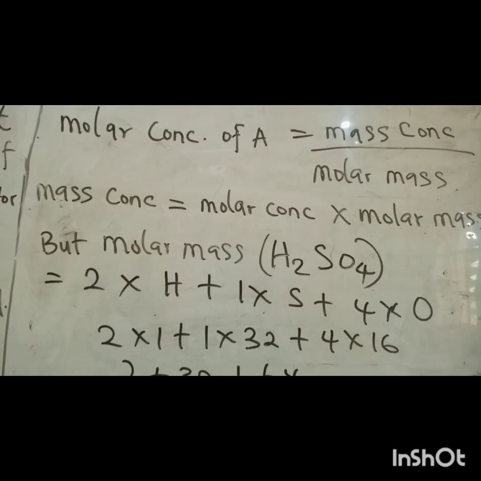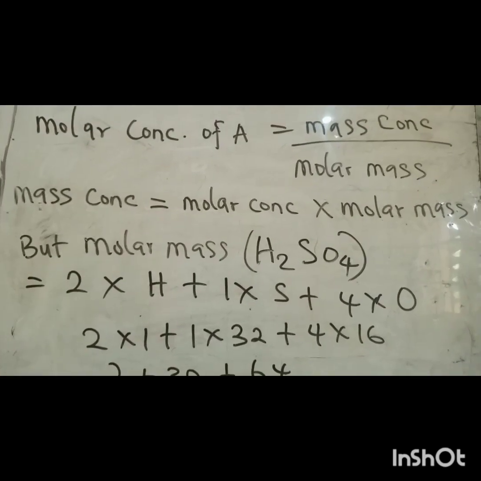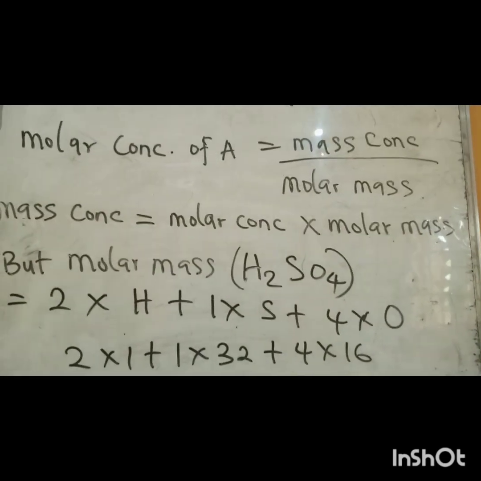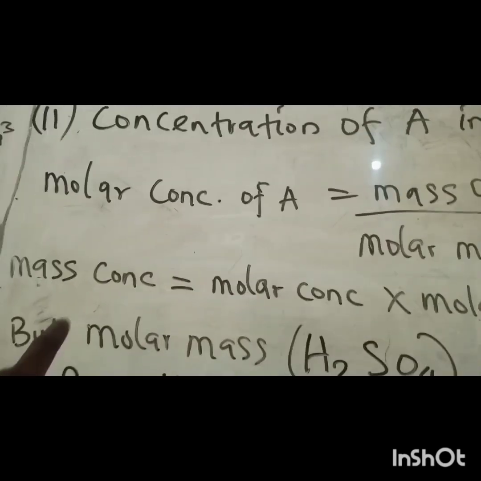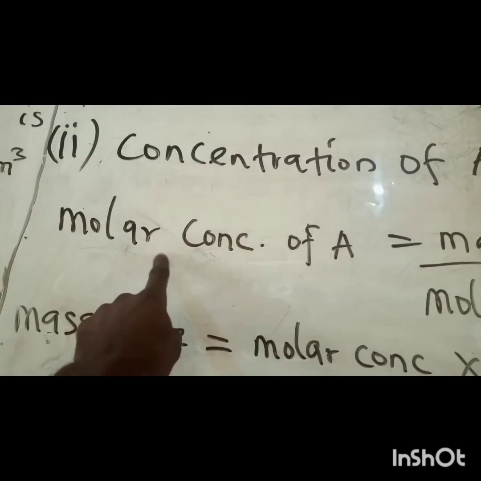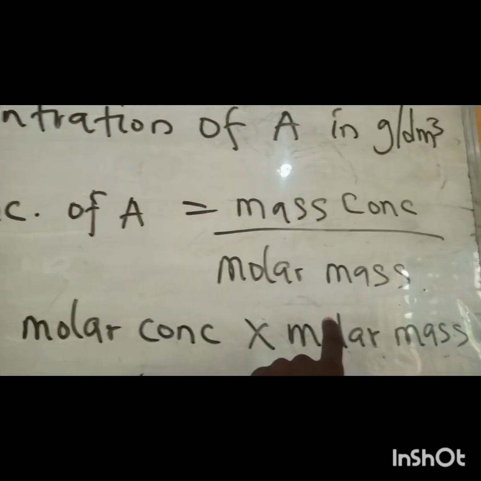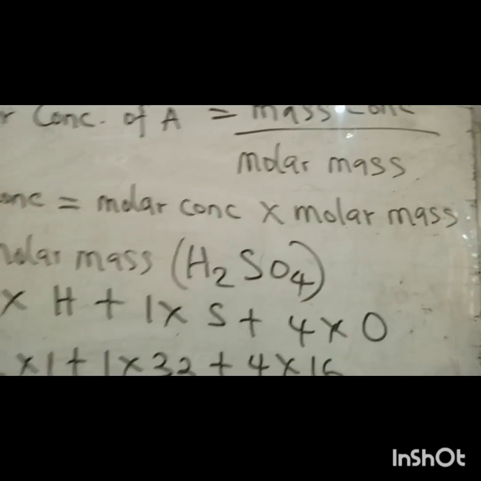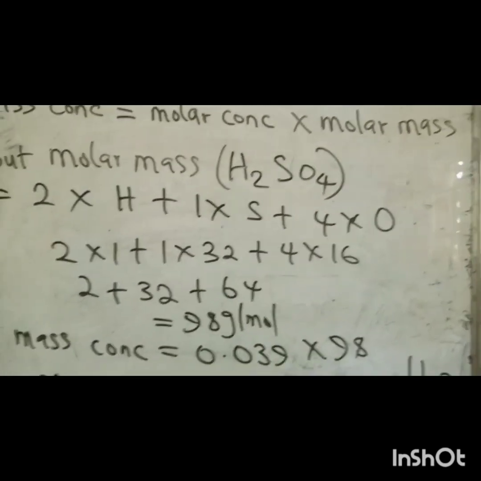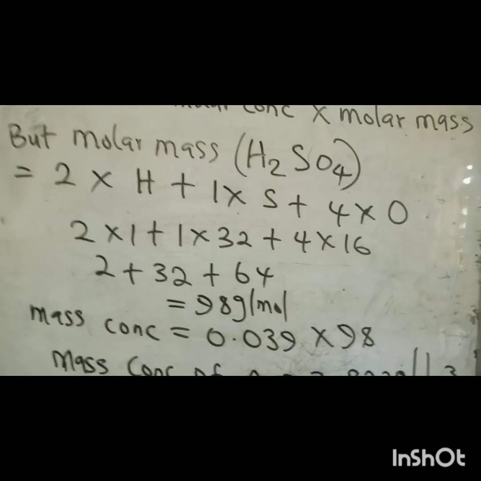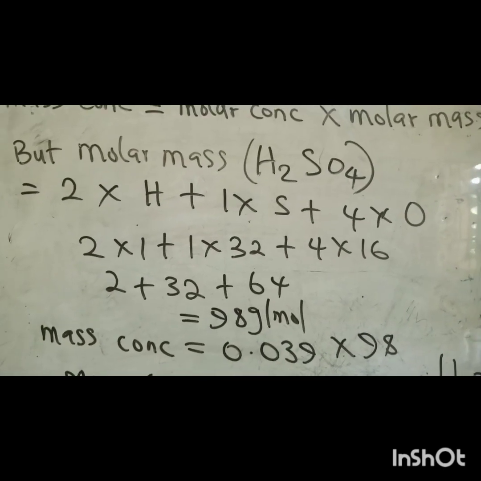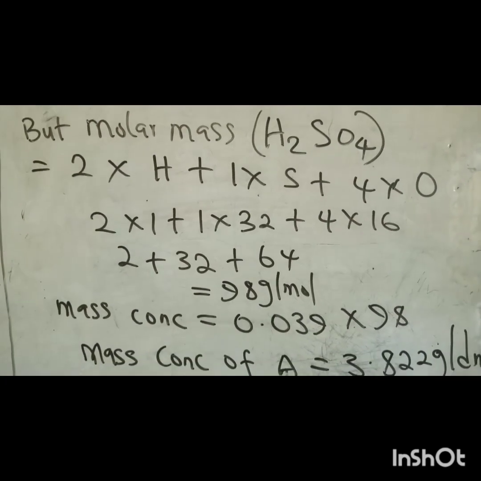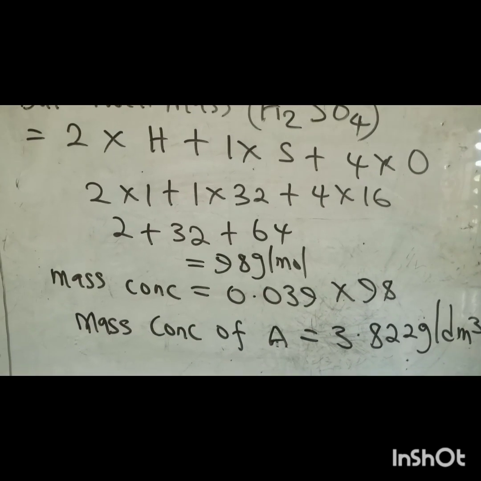So you make mass concentration the subject of the formula by cross multiplying: molar concentration times molar mass. You know the molar mass of H2SO4 is already calculated as 98 grams per mole. Then substitute it into the formula.